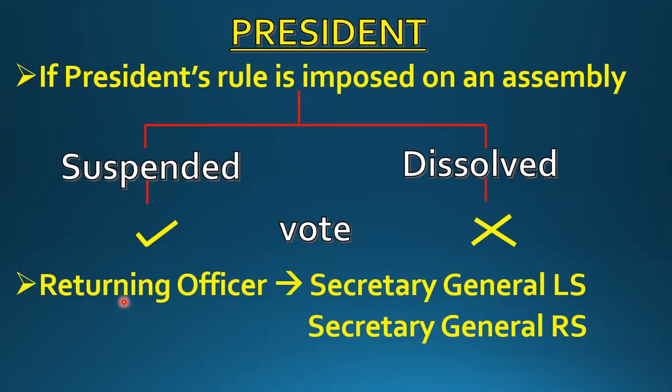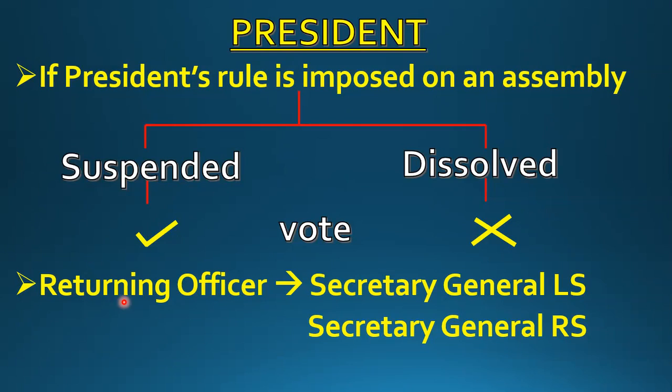Now what does it mean? Suppose friends, in Lok Sabha elections, the returning officer of a constituency is the DM of a district. Okay, and in state legislative assembly elections, the SDM is the returning officer of a constituency. So in Lok Sabha election, who is the returning officer? DM is the returning officer.